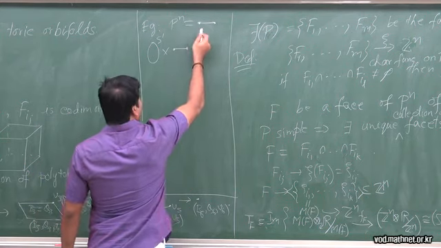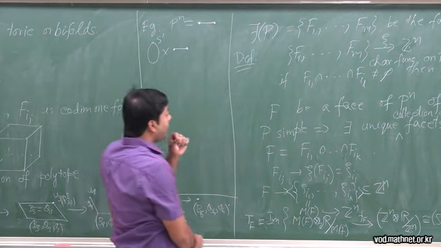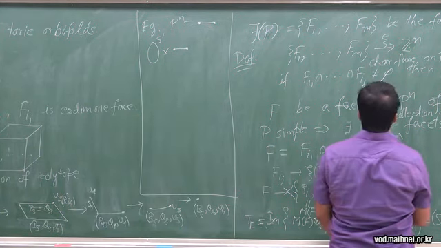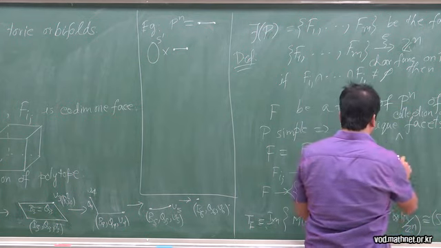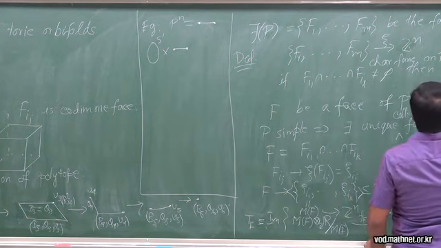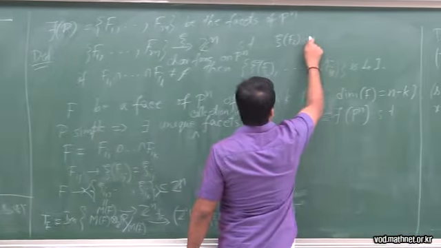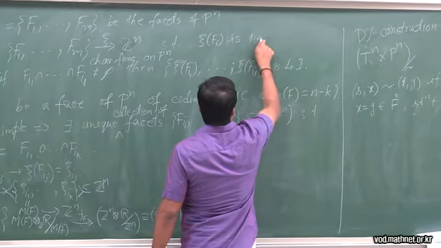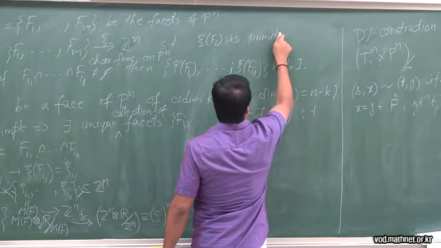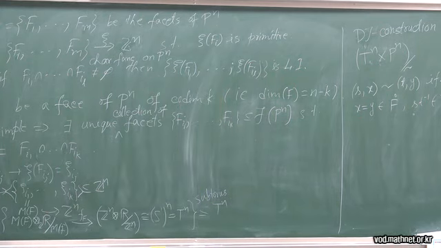So we need to assign some vector, but here we want to assume that Fi is primitive. That means the GCD of the entries of this vector is equal to 1.